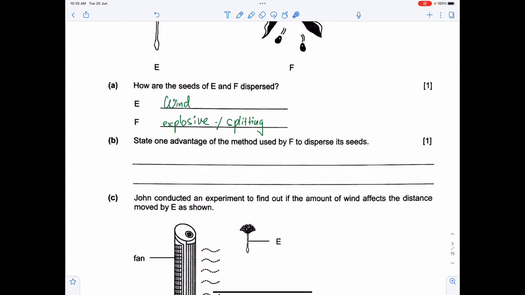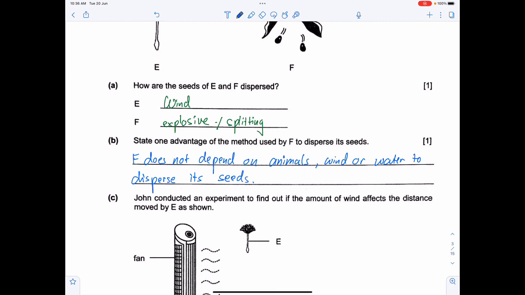Now, do not use the term anything, because it is a general statement. It is very vague. Use terms that you already know, such as animals or wind. So the one advantage would be that F does not depend on animals, wind, or water to disperse its seed.